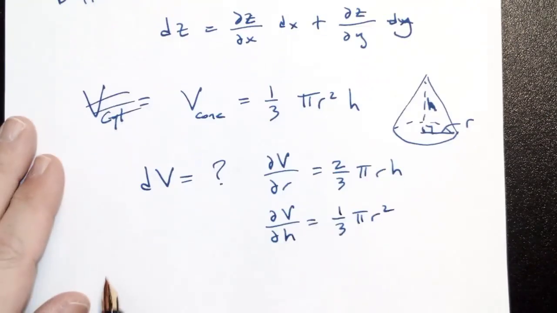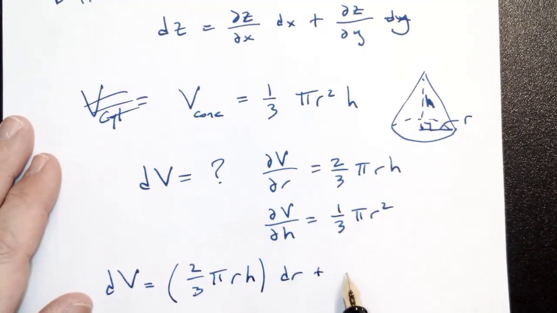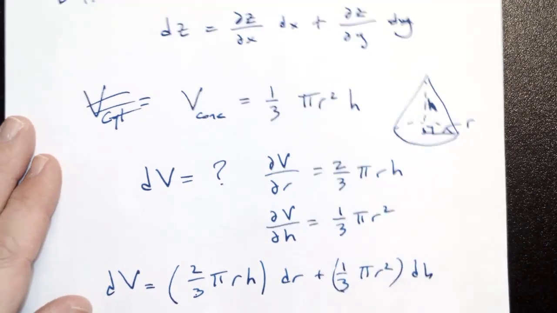So I can give you the change in volume: dV equals 2/3 pi r h dr plus 1/3 pi r squared dh.